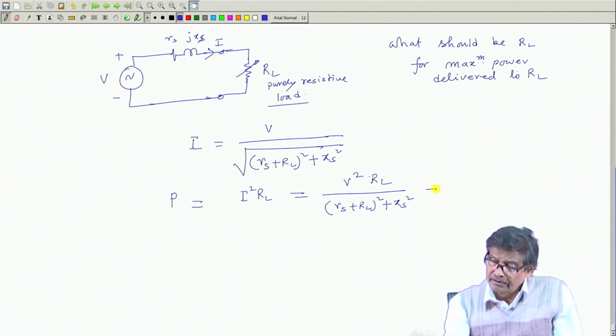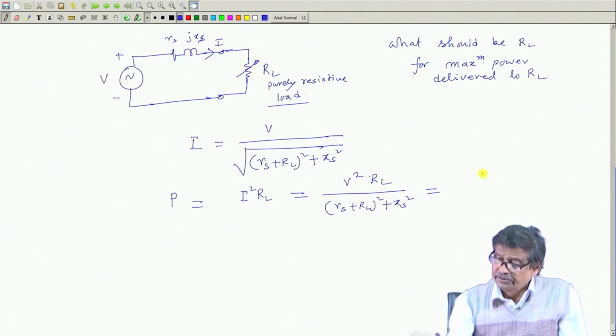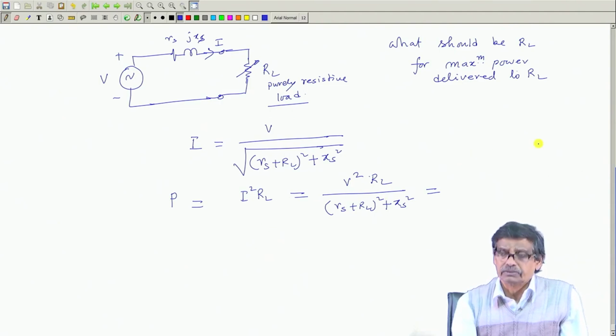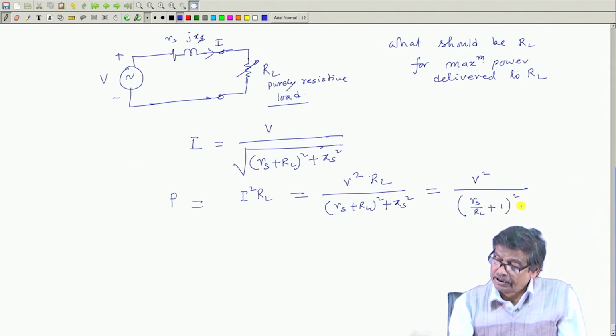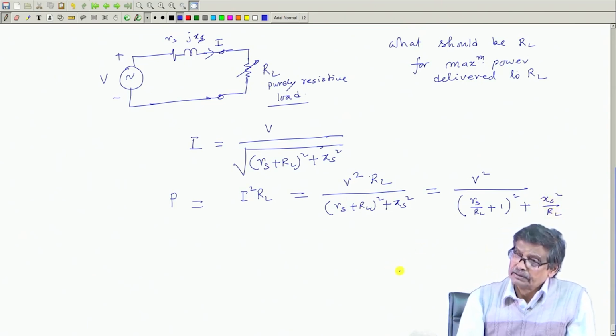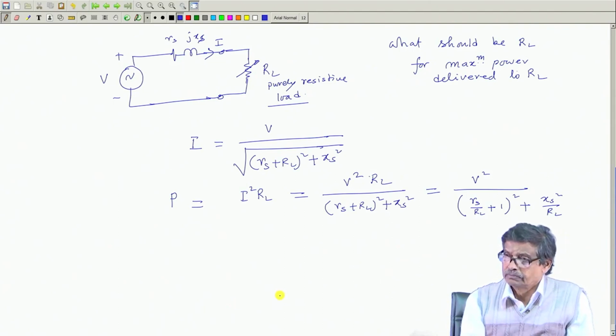Then once again, because RL appears both in numerator and denominator, you can differentiate dP/dRL set to 0, but I always do this, bring this RL below. If you bring this RL below, this can be written as RS by RL plus 1 whole square plus XS square by RL.